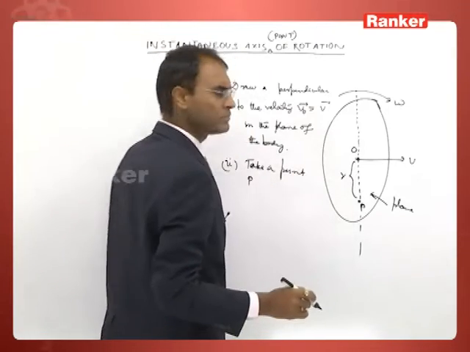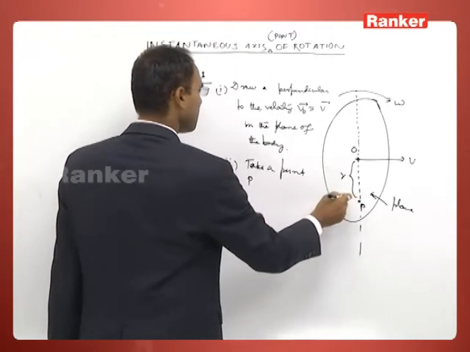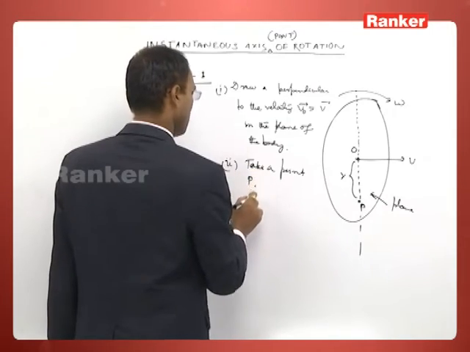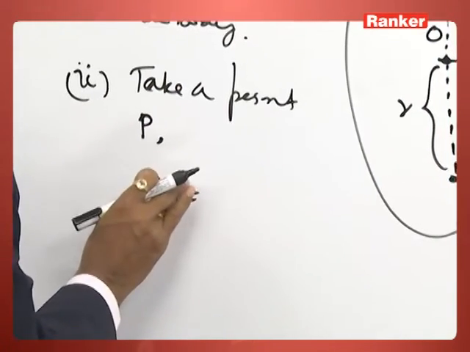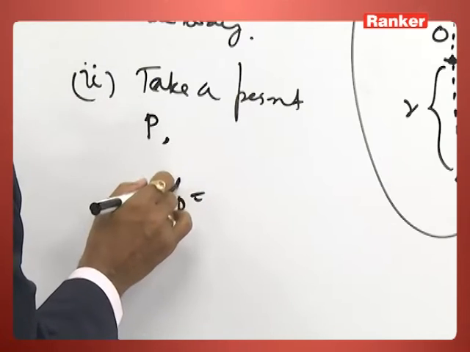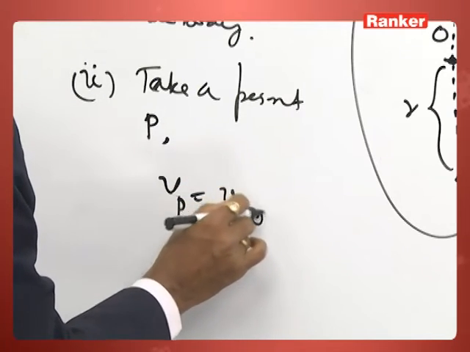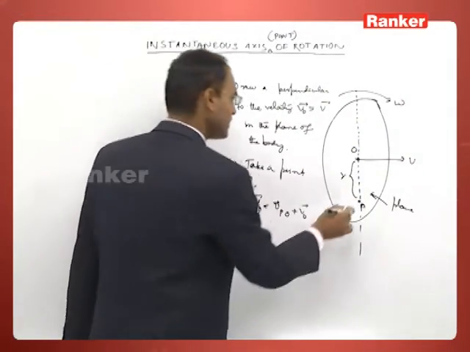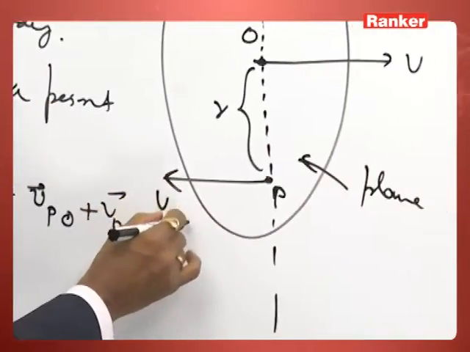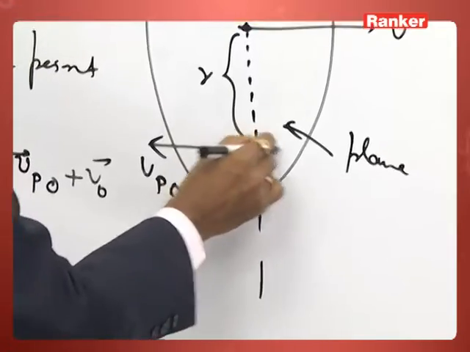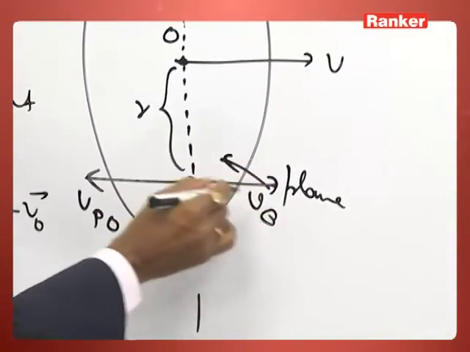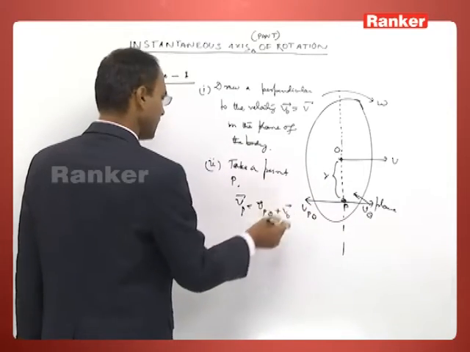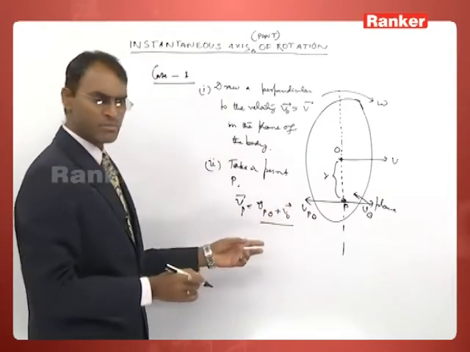If you take below, then there is a possibility of getting zero velocity because velocity of the point P is equal to velocity of the point P with respect to O plus velocity of O. If you take below the point O, then this point P will move back with respect to O. And when you bring the velocity of O, that vector, to this point, then the velocity of the point P can be written by using the Galilean transformation of velocity.